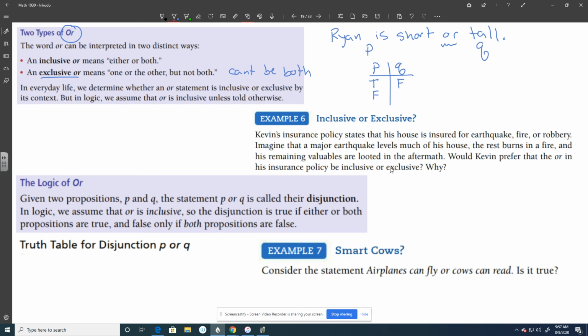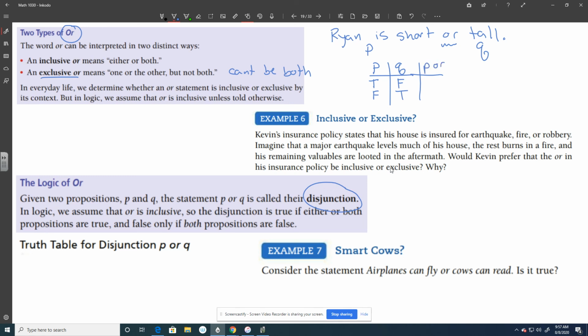So when I look at combining these together, which is down here, we called this a disjunction. When we combine them with and, it's called a conjunction. When we combine them with or, we call it a disjunction.